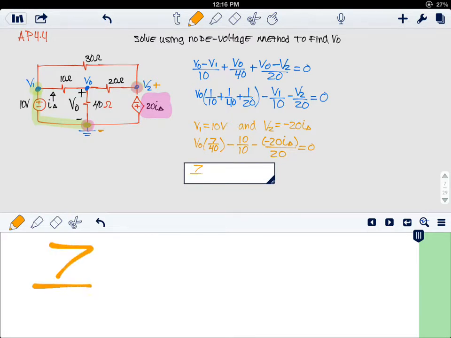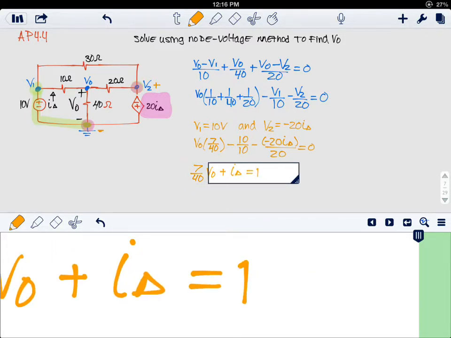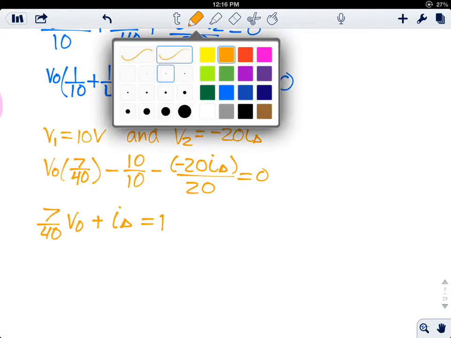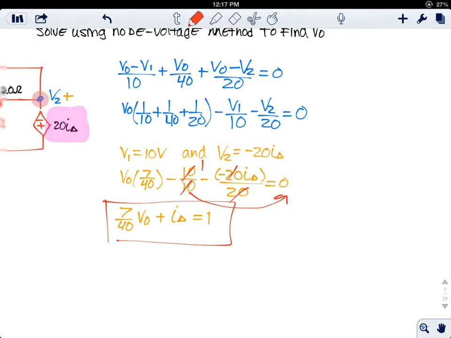So we have 7 over 40 VO plus 20 over 20, which is 1, and 10 over 10 is 1. We're going to pass the summing to the other side. We pass this summing over here, and this is 1, and this is 1 also. So this is our first equation.